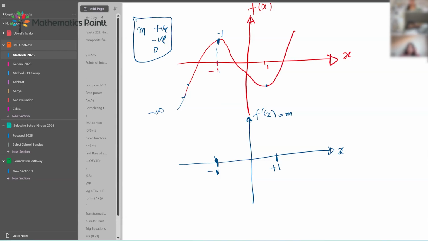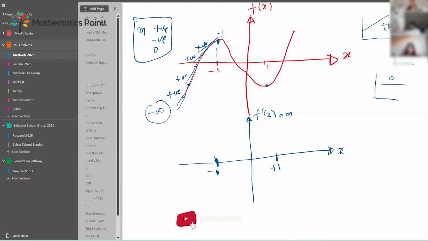So when I say nature, if I draw a tangent here, I draw a tangent here, I draw a tangent here, and I draw a tangent here. All of them are a positive slope. Yes or no? They're all positive slope. Anything which goes like this is a positive slope. Anything that goes like this is a negative slope. Anything that is a straight line is a zero slope. Correct?